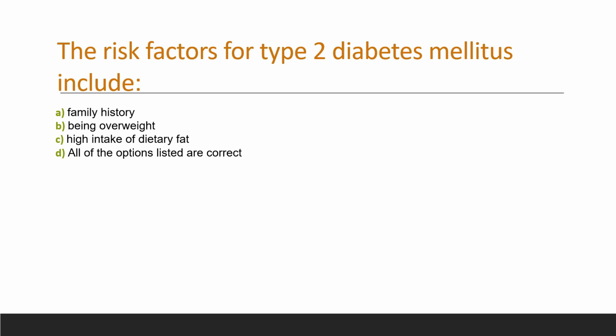Next question, the risk factors for type 2 diabetes mellitus. The risk factors for type 2 diabetes mellitus include family history, being overweight, high intake of dietary fat, or all of the options. So in this, option D is correct, because family history matters, being overweight matters, and high intake of dietary fats counts. So all the options are correct.